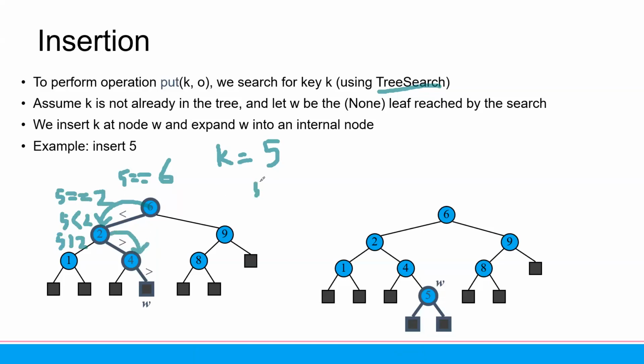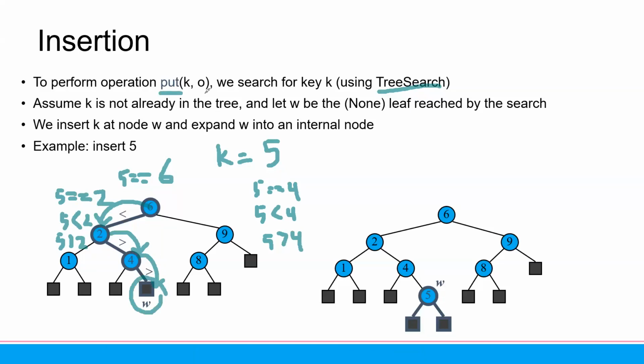Again, we check 5 equals 4? No. 5 is less than 4? No. 5 is greater than 4? Yes. So we go to this section. Because it is null, we are going to replace this one.